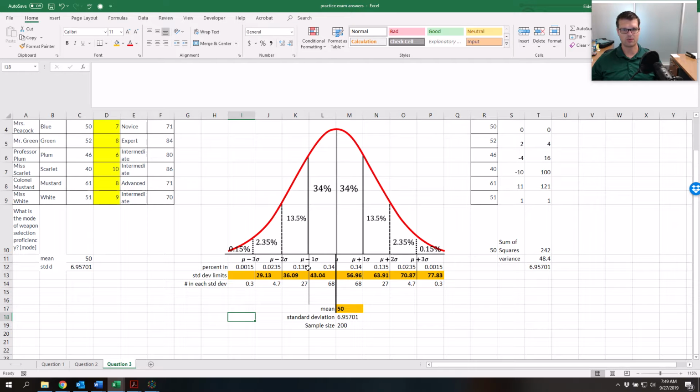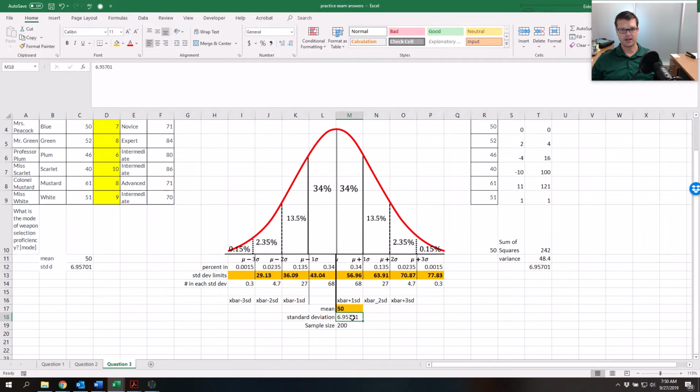And you notice the formula is right here, which is x bar minus one standard deviation. Then this right here is x bar minus 2 standard deviations, and then x bar minus 3 standard deviations. The reason why it's x bar is because we're dealing with a sample. Same thing, x bar plus 1 standard deviation, x bar plus 2 standard deviations, and x bar plus 3 standard deviations.